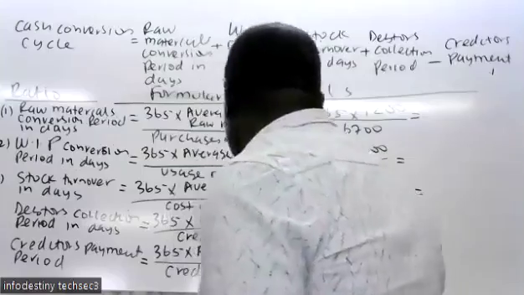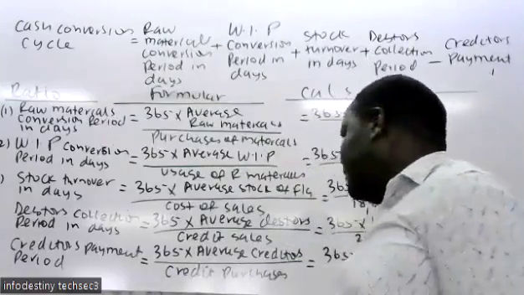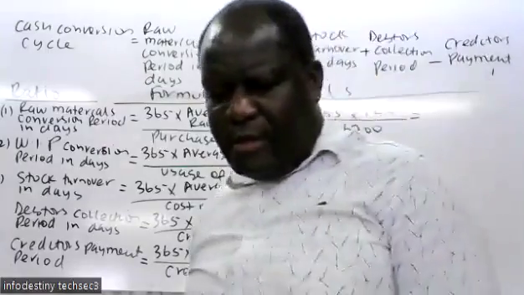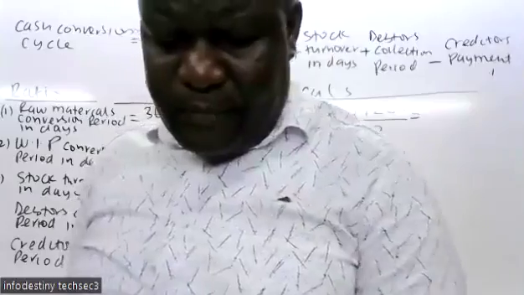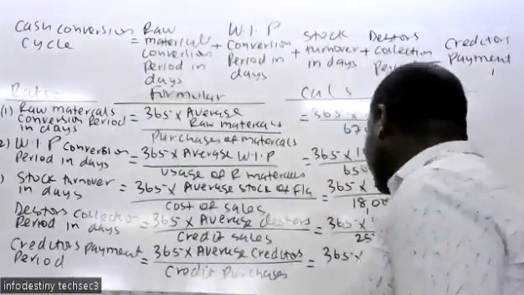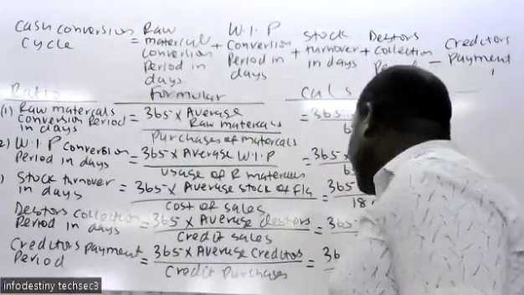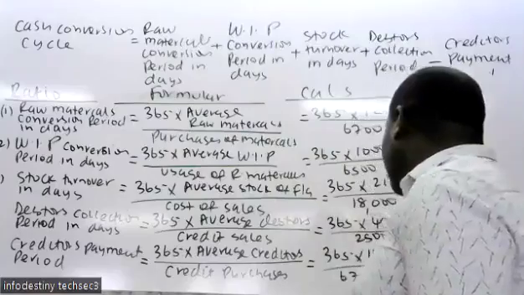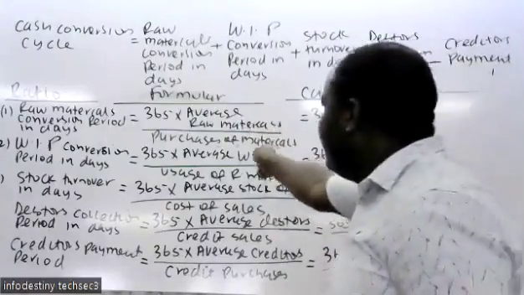The average creditors is which value? 14. The same purchases we used up there, the 67, will also apply to the purchases for the raw materials.